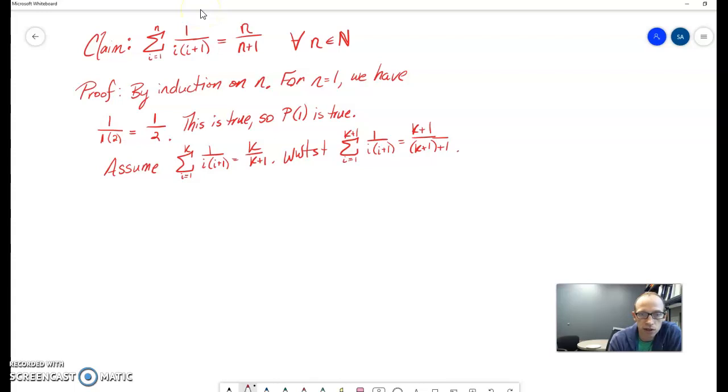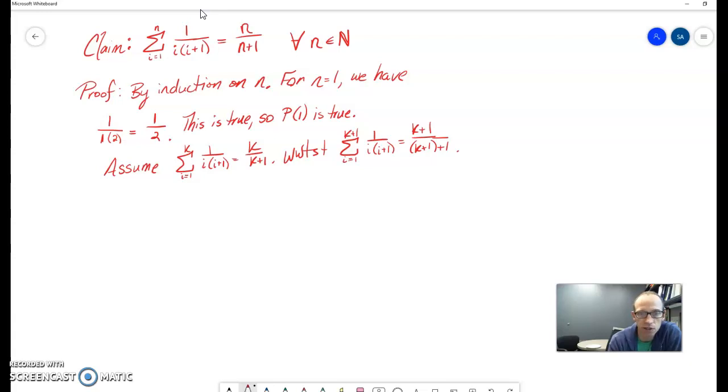So this is our starting line and our ending line. A couple different ways. We could start from this and add to both sides and try to show that we eventually end up with this. That would be one way. Or we could start with the left side of the equation, do some arrangements, and end up with the right side of the equation.